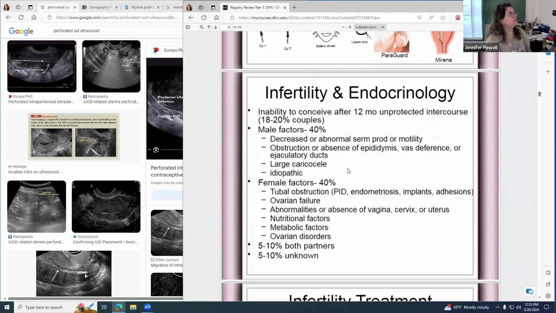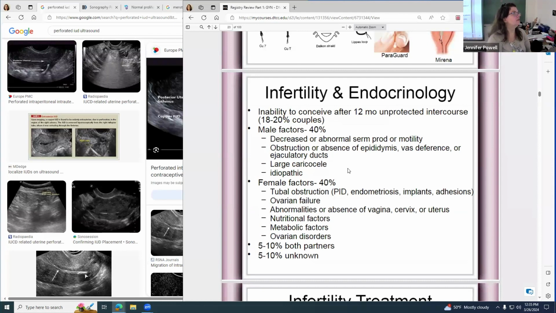Infertility and endocrinology. The inability to conceive after 12 months of unprotected intercourse is considered infertility. Been trying for a year with no luck, you are considered infertile. However, the infertility could be on the part of the male.